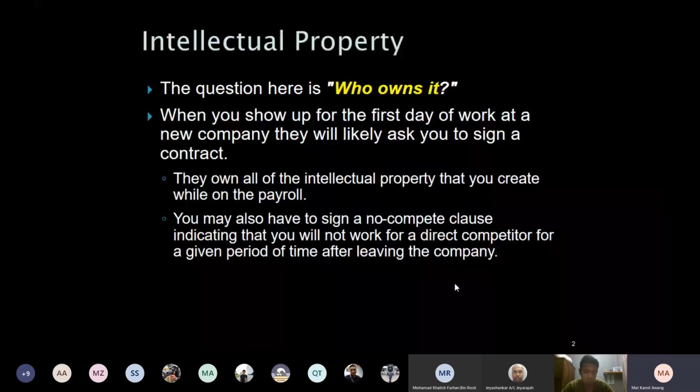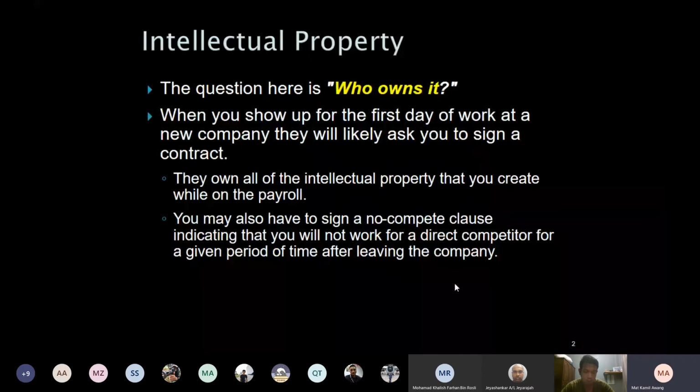The second part, the no-compete clause, is actually to make sure that you don't bring their intellectual property to another company, or that your experience from that company does not benefit the competitor.